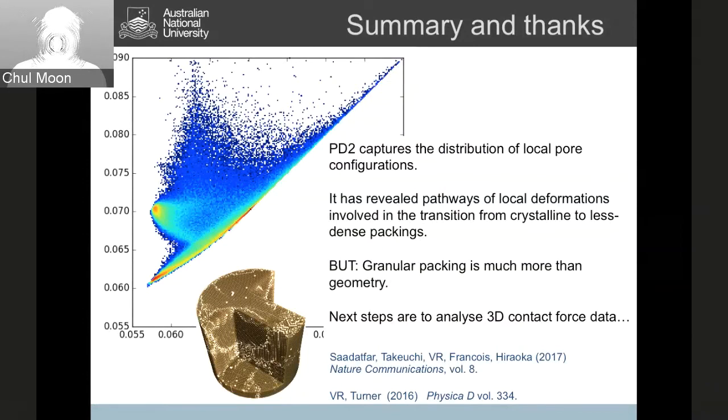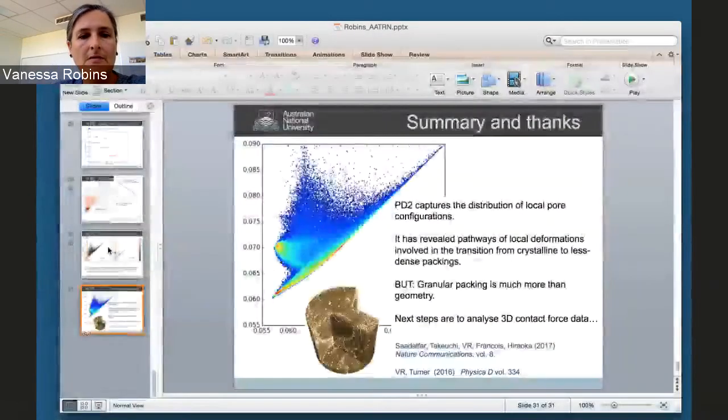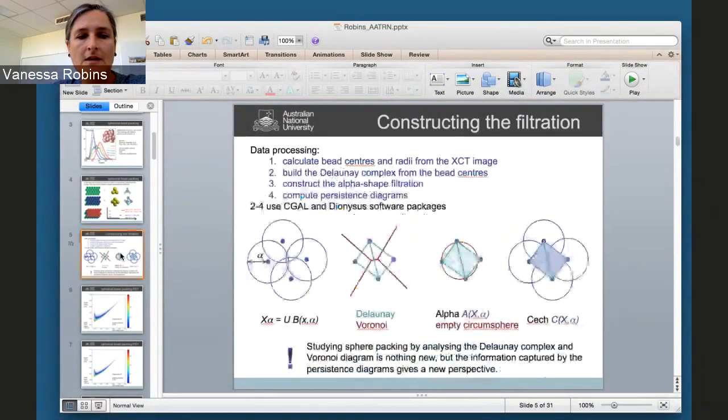Yeah. So the difference between them is not too significant for this 3-dimensional setting. The main difference is that the alpha complex doesn't introduce any higher-dimensional simplices.